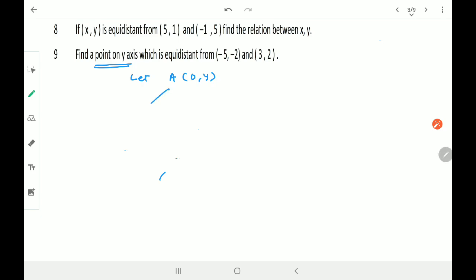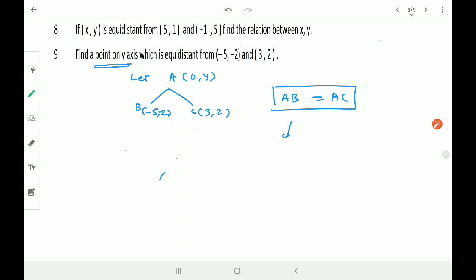And it is equidistant from what? From B (minus 5, minus 2) and C (3, 2). So what do I understand here? AB is equal to AC, and the rest of the basic concept is the same. After that you can easily find the answer. I just wanted to give you a hint. I did not really want to solve this question. Fine, you can try this question.